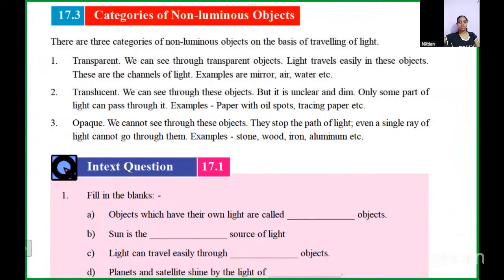Because they are not fully transparent, they are not fully clear. Only some light can pass through them. So that is why we can only see a blur image of something through translucent materials. They are like paper with oil spots, tracing paper, etc.